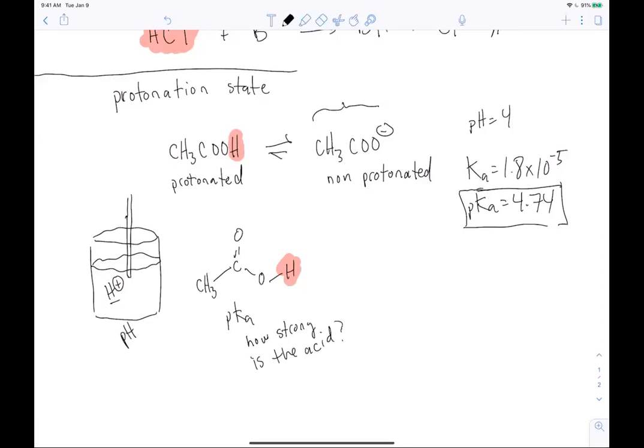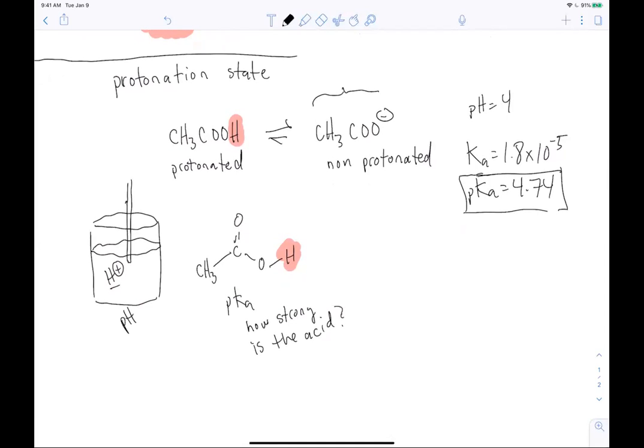We would say the pKa of HCl might be -3 or something. Whereas when you talk about a solution, we're talking about how acidic the solution is.